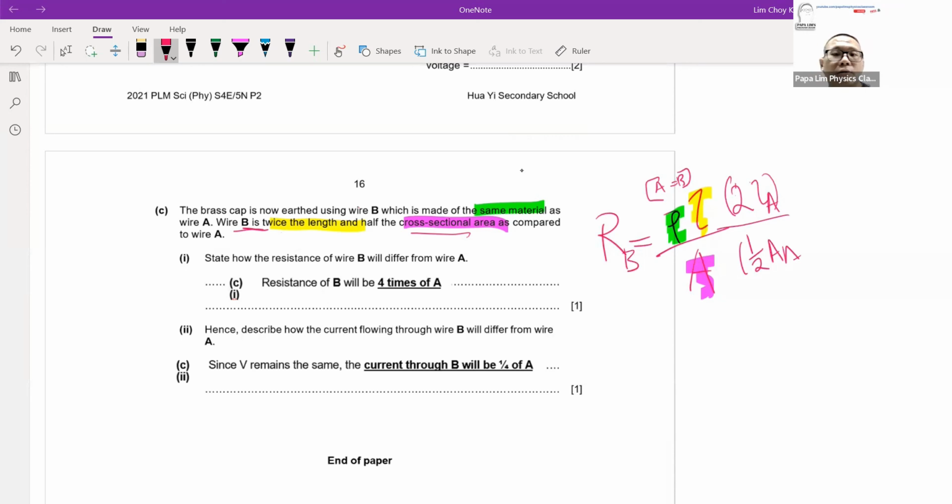Okay, so you find that if you look at the factor here, because of the half here, 2 divided by half will give you a 4.